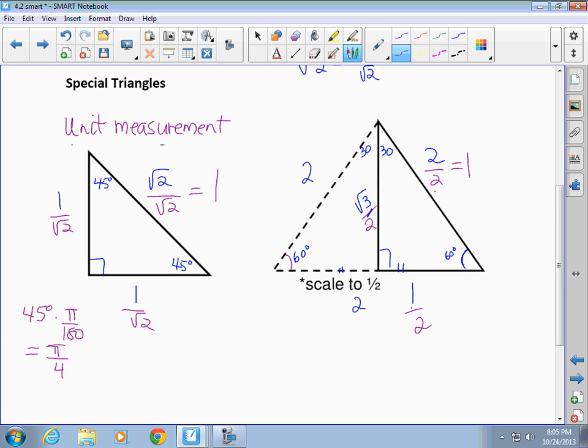So 45 degrees is the equivalent of pi over 4. 30 degrees, so 30 goes into 180 6 times, so this is the equivalent of pi over 6. 60 degrees, so 60 times pi over 180 goes into there 3 times, so this is the equivalent of pi over 3.